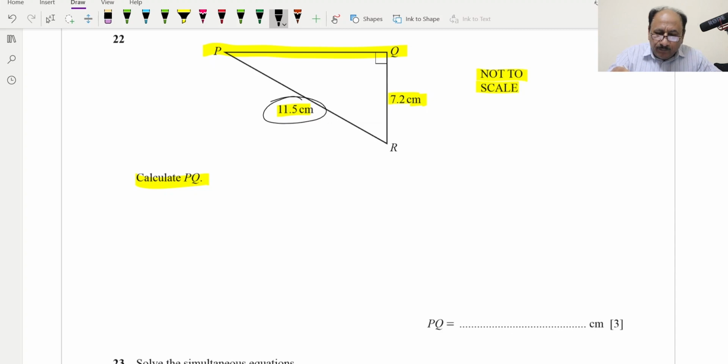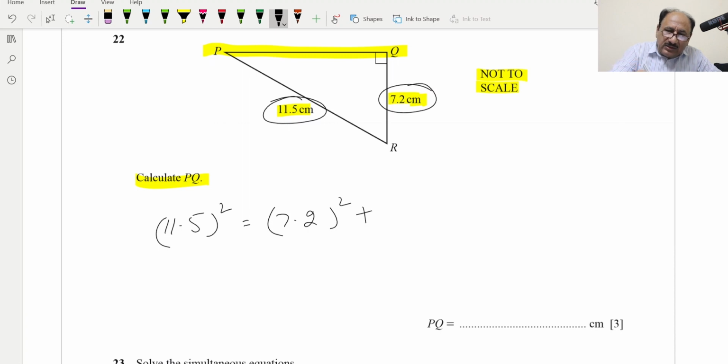Hypotenuse squared. So 11.5 squared will be equal to the perpendicular squared, which is 7.2 squared, plus this side. If we take this side as x, we can write x squared, or we can write PQ squared. So I will erase this x, so PQ squared.